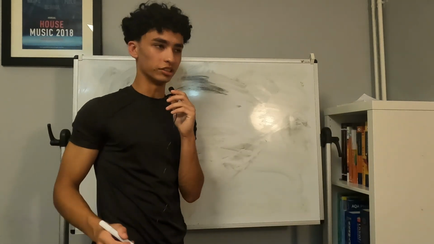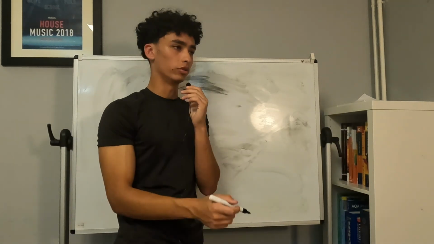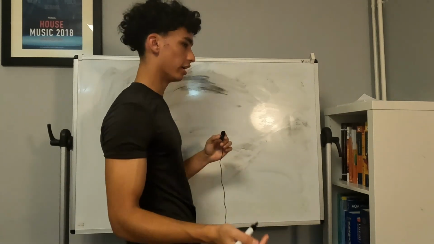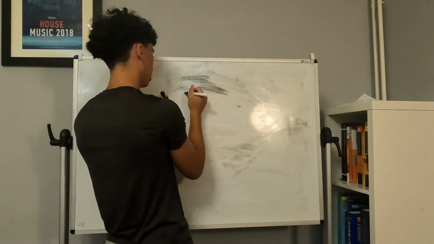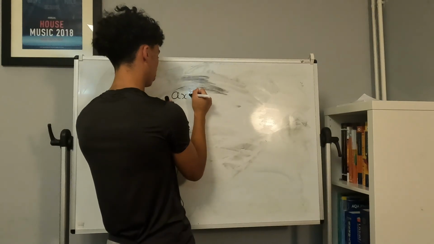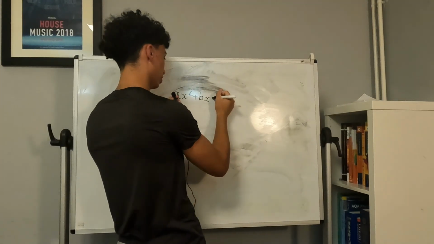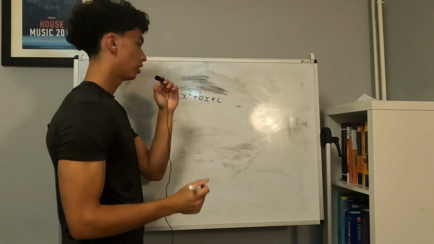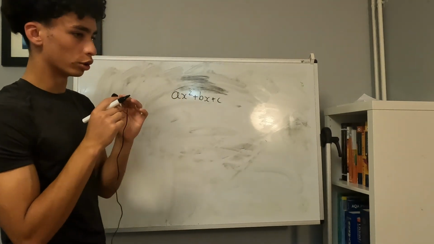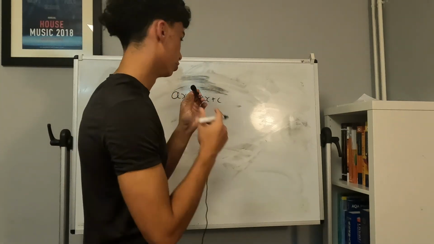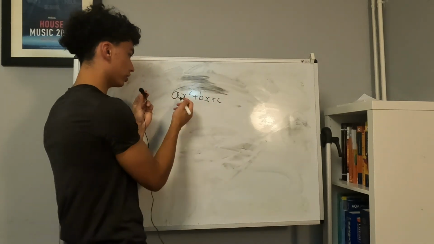Okay guys, so we're going to start by writing down a normal quadratic equation with a as the leading coefficient of x squared. So ax squared plus bx, sorry this board is a bit wobbly, plus c. Now every quadratic equation can be written as a factorized version of its roots, real or not real, doesn't matter.